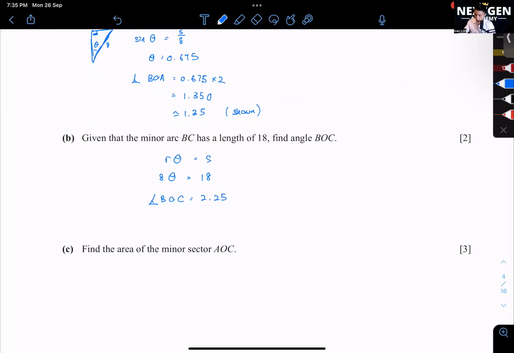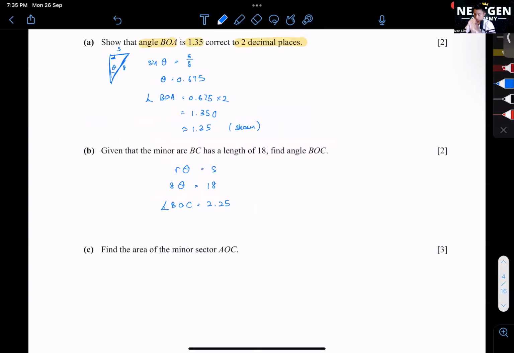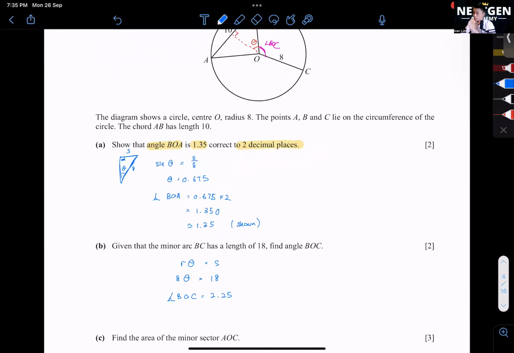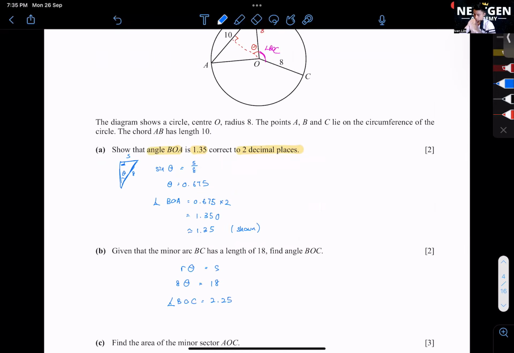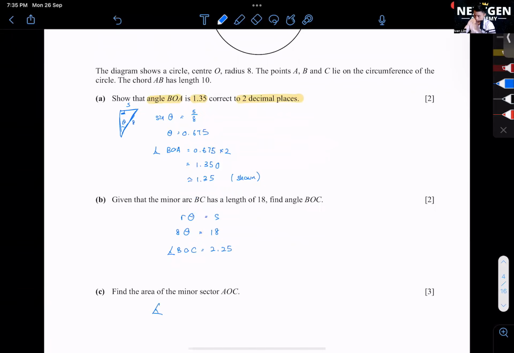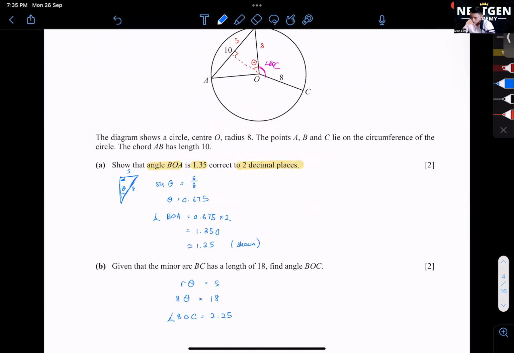Question C. Find the area of the minor sector AOC. Okay. I think all of you know how to do this, right? I see most also wrong one is careless mistake only. Okay, careless mistake. All right. Angle AOC first. Okay, what's angle AOC? So AOC is over here, right? Okay, AOC over here.